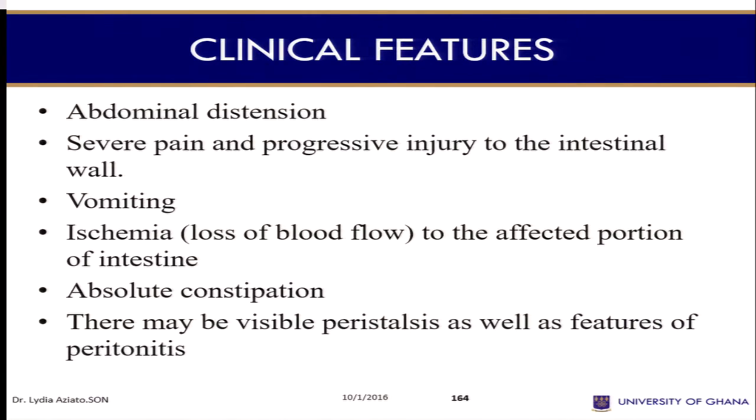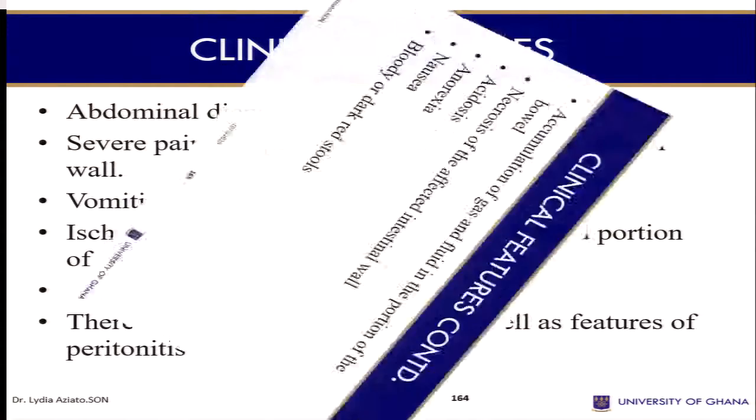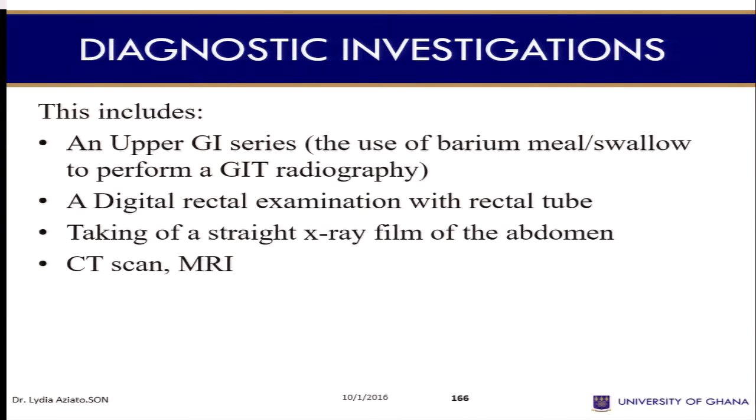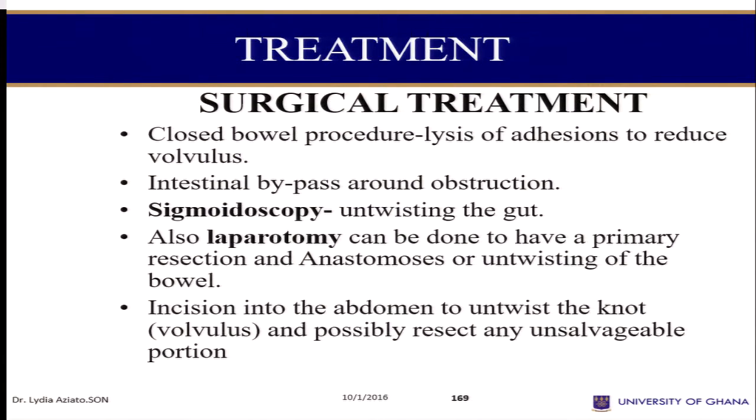The clinical manifestations are similar to intussusception: the abdominal distension, the vomiting, constipation, and all those things. So the diagnostic measures are almost the same. The surgical treatment is what I'm more concerned about, where we have the intestinal bypass around the obstruction.